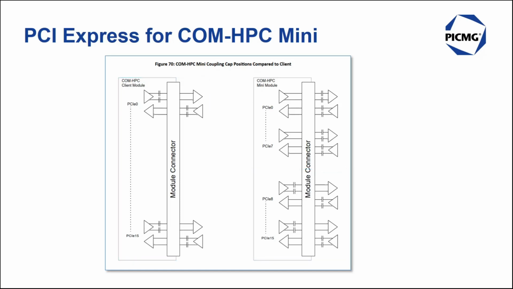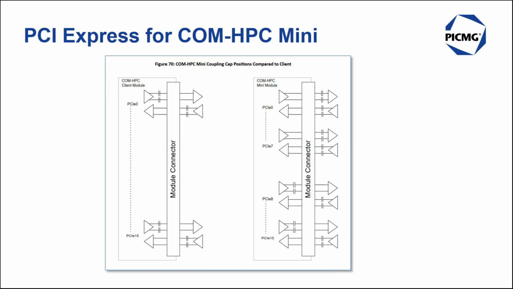At first glance, this sounds unnecessarily complicated, but of course it has a technical background. With COM-HPC Mini, there's only one connector compared to COM-HPC client, which means only half as many available pins. Nevertheless, the standard was intended to create as many implementation options as needed.